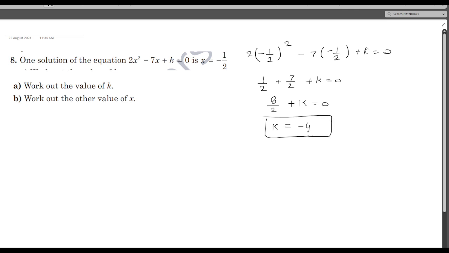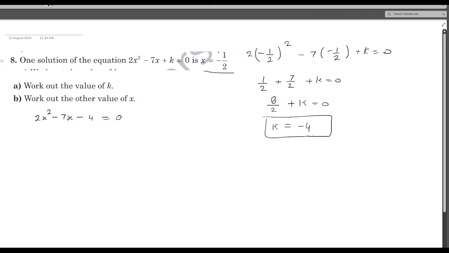Now this problem is using a calculator. So if you are using a calculator, perfectly okay. Work out the other value of x. Now I got the value of k as minus 4. So my equation will become 2 times x square minus 7 times x minus 4 is equal to 0. One solution is x is equal to minus half.